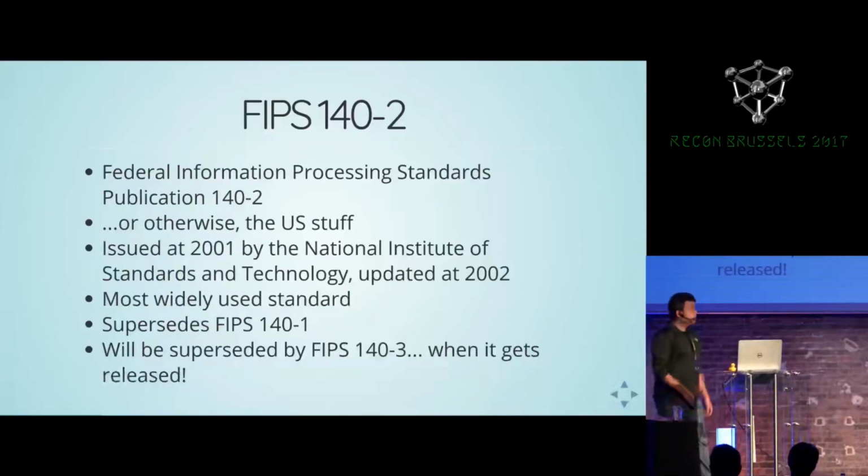The first version was made in 2001 by NIST and then updated in 2002. It's what everybody uses. It supersedes FIPS 140-1 and will be superseded by -3. There's a very funny story behind FIPS 140-3. Three different drafts have been written so far, but none has been signed by the Secretary of Commerce.